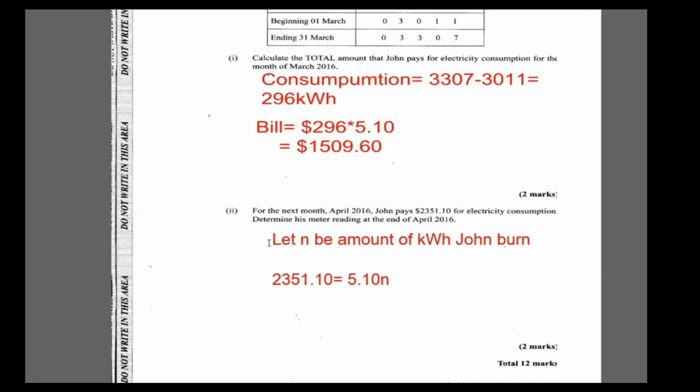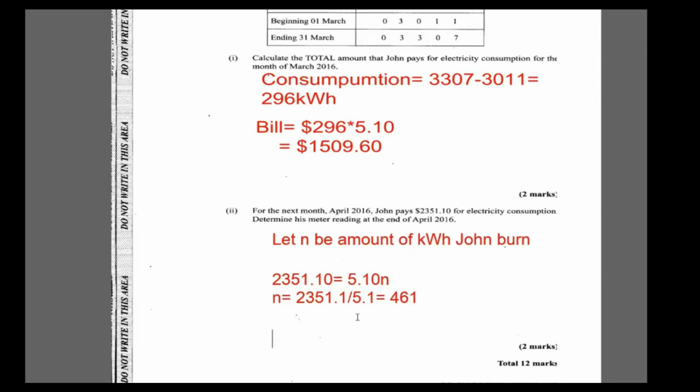So when we divide through, N is going to be equal to 2,351.1 divided by 5.1. That is equal to 461. And so that means that he burned 461 kilowatts for the month of April.